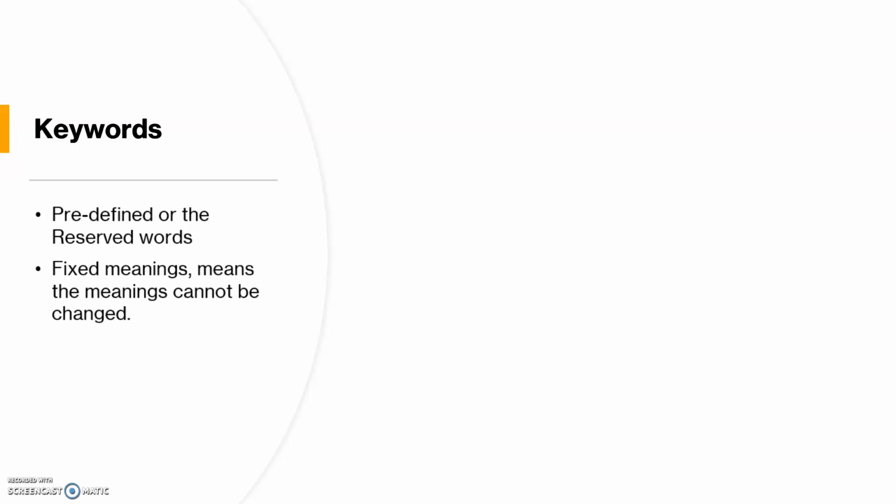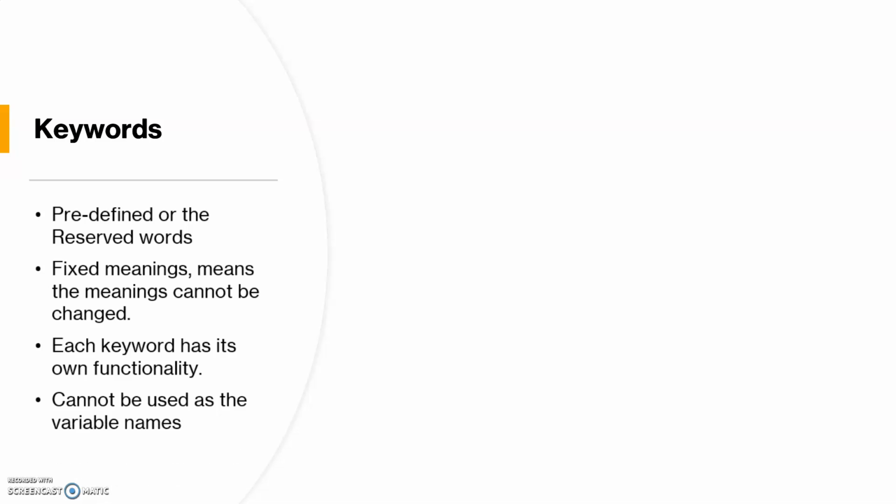That means the meaning of those words is already defined. We can use them for our purpose, but we can't change their meaning. The functionality of each and every word is predefined, and each word has its own functionality. These cannot be used as variable names for our general purpose.